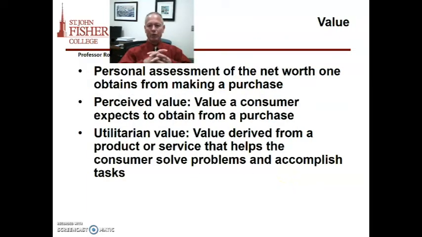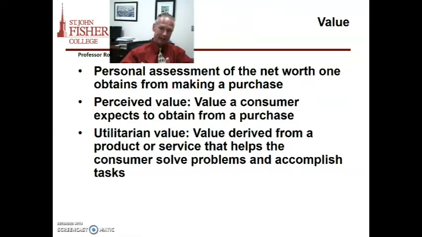So what we're really looking at is value. And if you really want to know the definition, value is the delta, or what you get for what you purchase, or what you get in return for what you've paid for. The difference between what you get and what you pay for is value. So it doesn't have to be really expensive to have value.